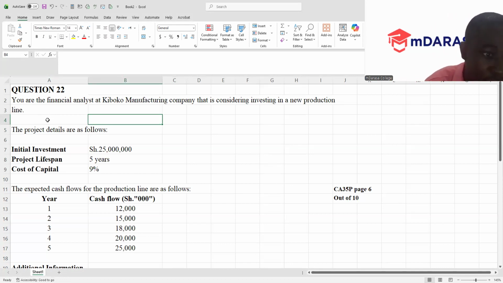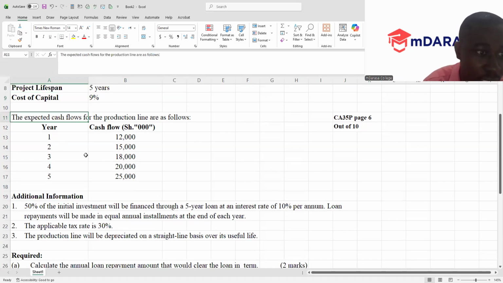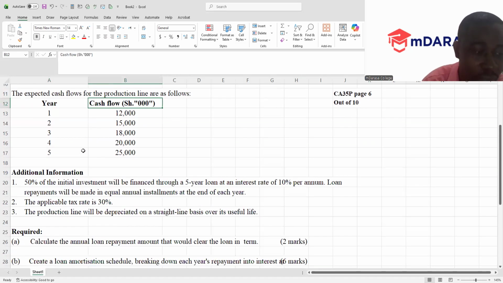The project details are as follows. We're given the initial investment, a project lifespan, and the cost of capital. These are the expected cash flows for the production line.